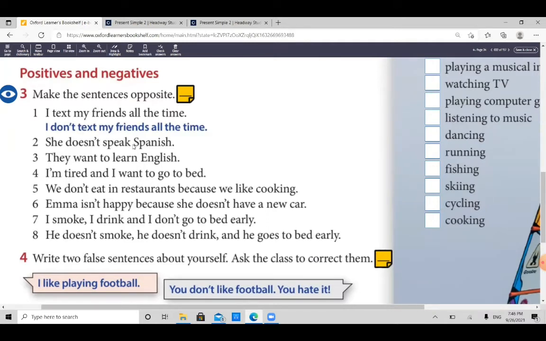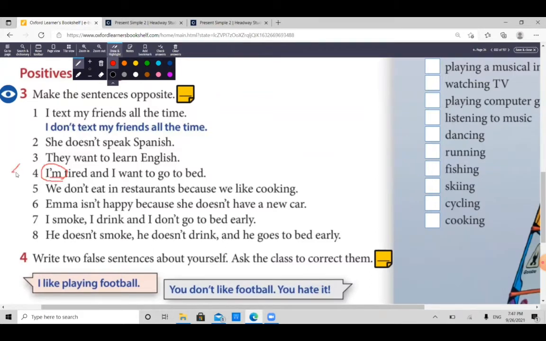Yes, Suha. I am tired and I want to go to bed. I don't... Okay, actually, Suha, in unit 2, we talked about the verb to be.